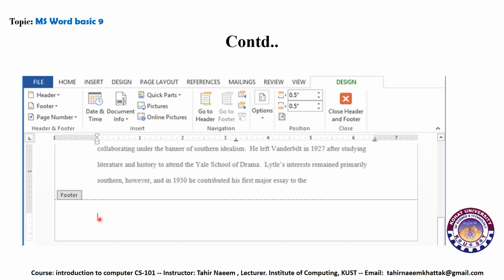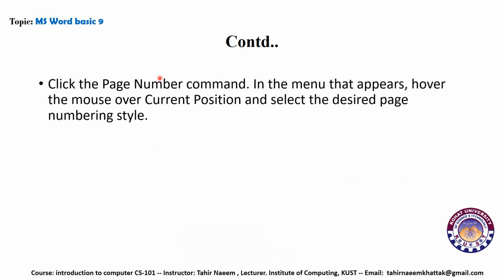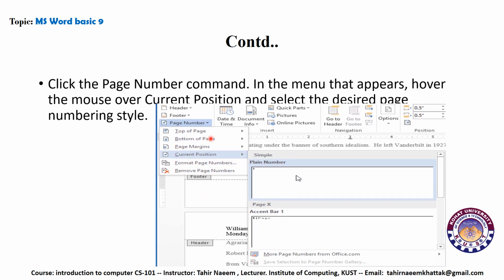The footer opens up and the design tab appears. So we will click on the page number command as we have seen previously. In this menu, hover our mouse over the current position and select the desired page numbering style. As you can see, here we click on the page numbers.